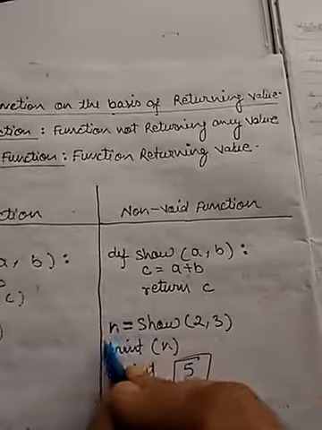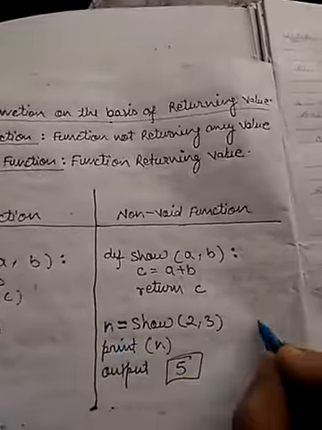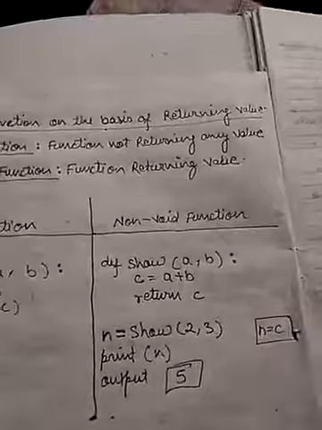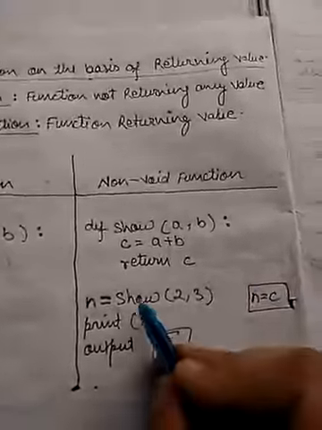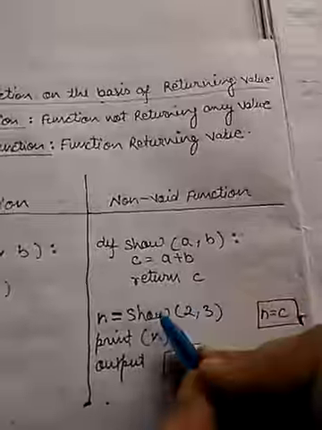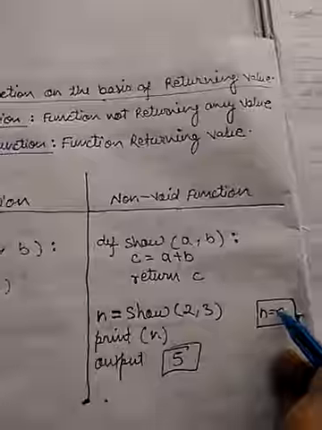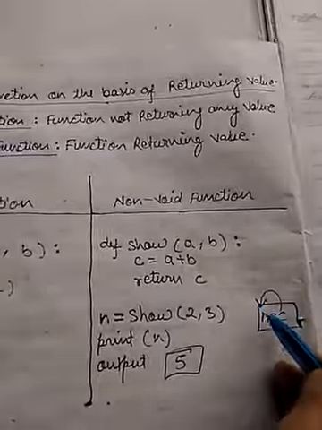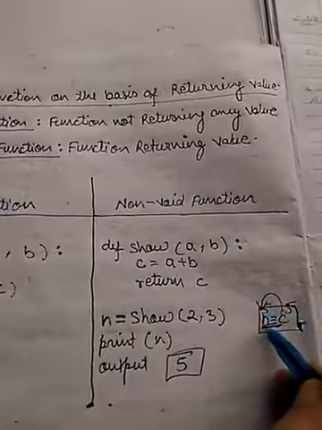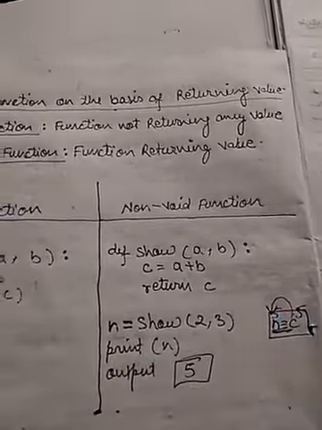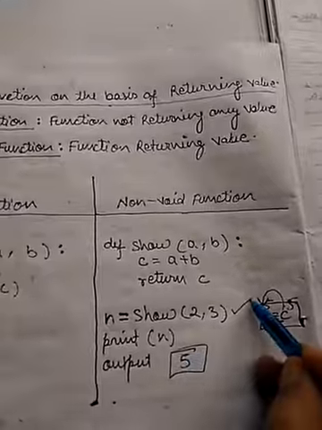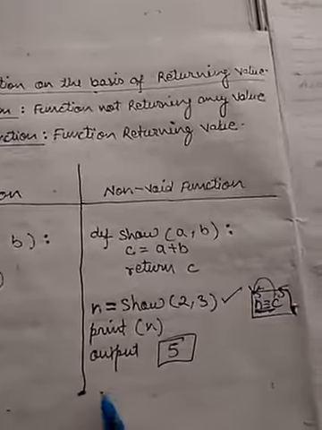The literal meaning of this line is n equal to c, meaning show 2, 3 gives 5, return 5, and 5 will be assigned to n. So n will be 5, and print n, you will get 5. In this way you can do this. You can also directly use the return value like this.